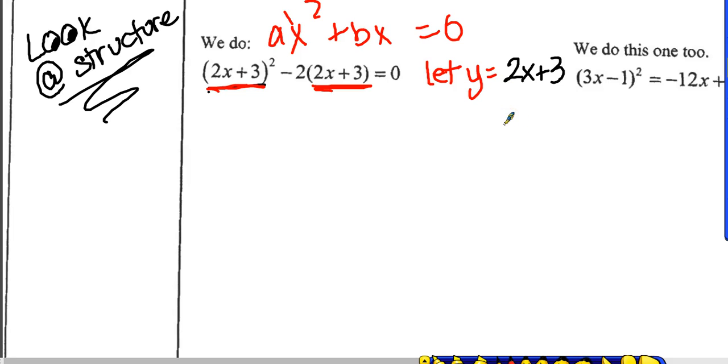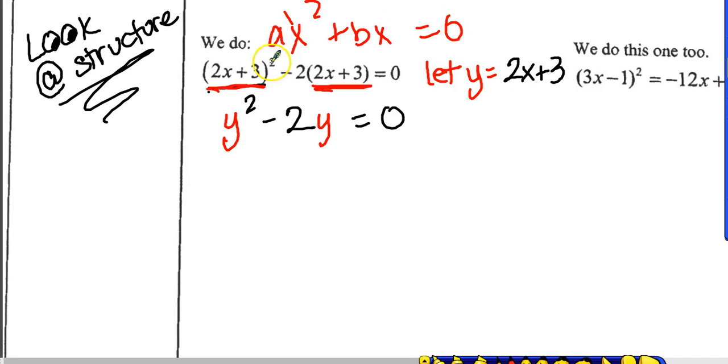I have the power to do that. So I'm going to rewrite it like this: y squared minus 2 times y equals 0. Because I got to tell you, I'd much rather factor that. I'd much rather look at that. Okay, so I'm using y to replace their common factor.